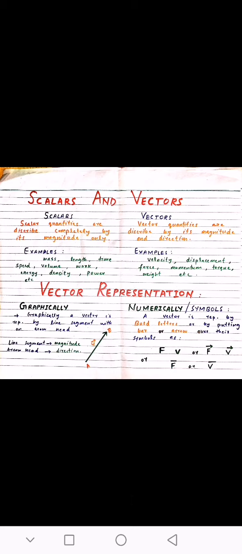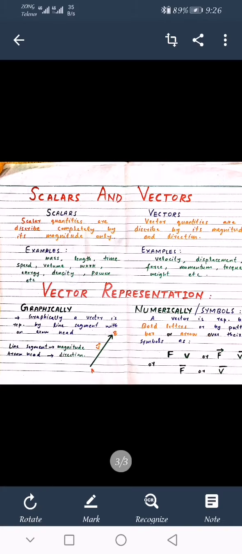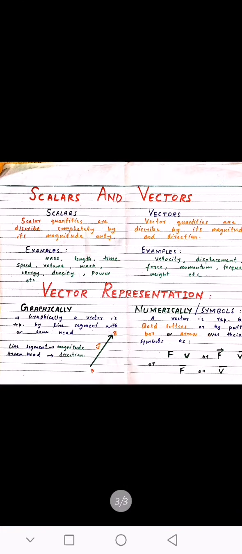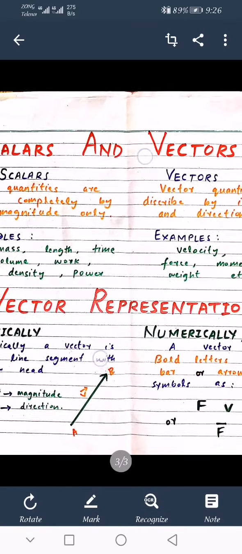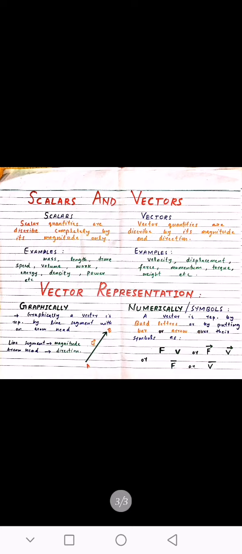For example, time, speed, volume, work, energy, density, pressure, all these quantities are completely described by their magnitude only, and they have no direction. Vector quantities are the quantities which are described by magnitude and direction. In order to describe vector quantities, we must have magnitude plus direction.